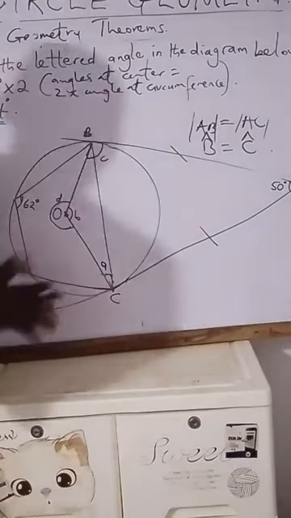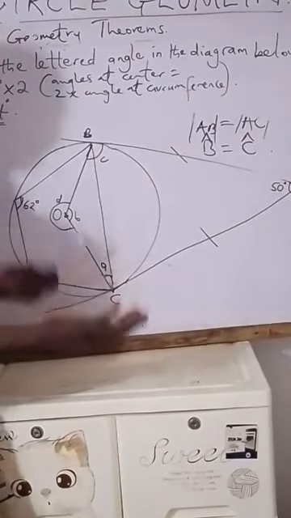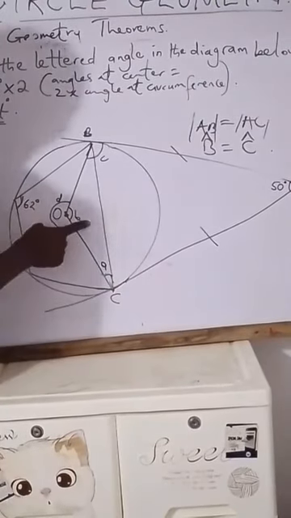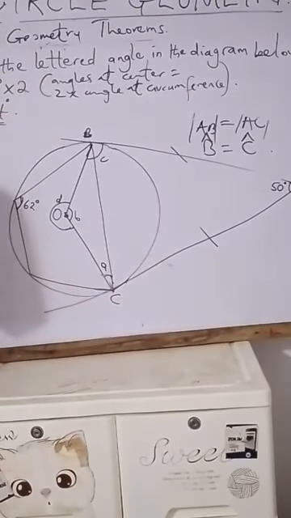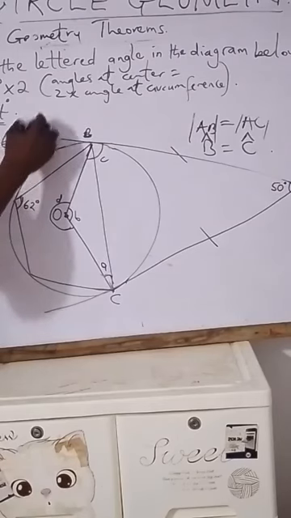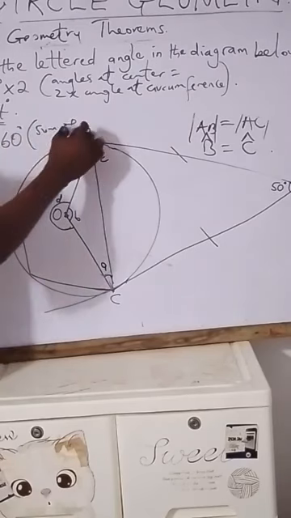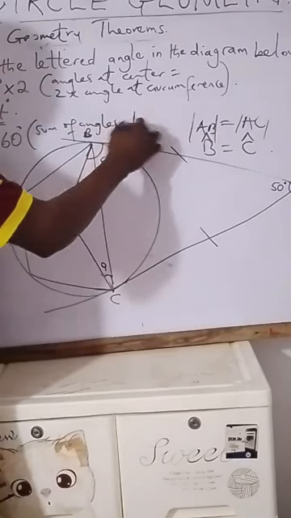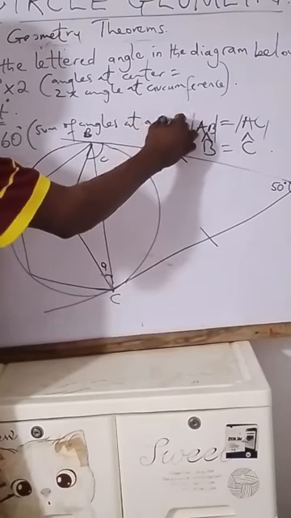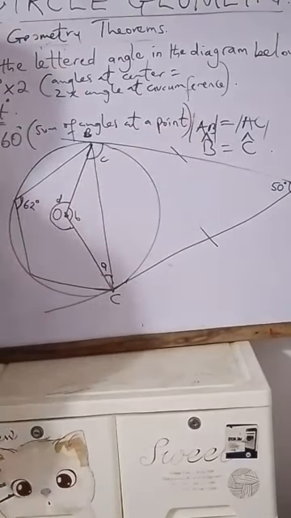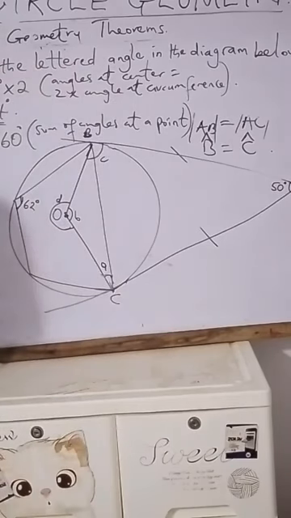I also said angle at a point is equal to 360. That means angle D and angle B are angle at a point, meaning D plus B is equal to 360 degrees. That is sum of angles at a point. So if angle B is 124 degrees, then angle D is what? D plus 124 degrees is equal to 360 degrees.